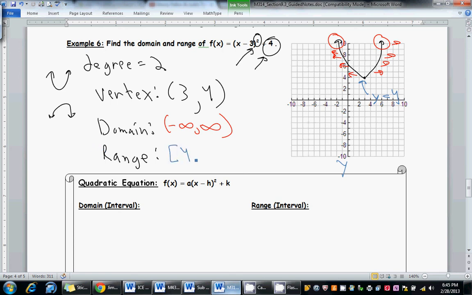So the smallest is 4, and the largest, well, again, arrows are your best friend. Well, math fracs are your best friend. This is your second best friend. Arrows mean this is going to go up forever and ever. So this is going from 4 to infinity. That's your range.